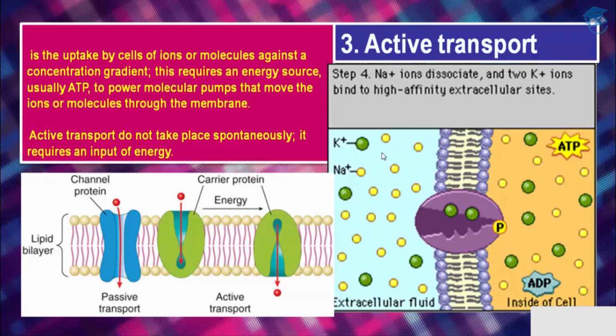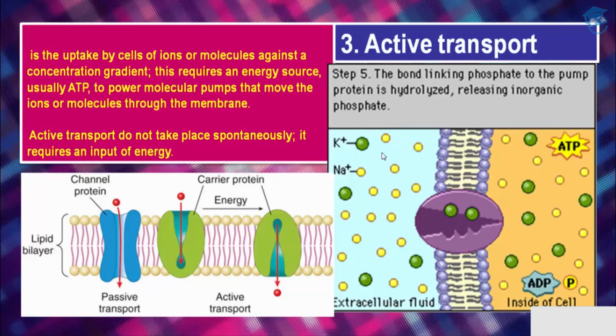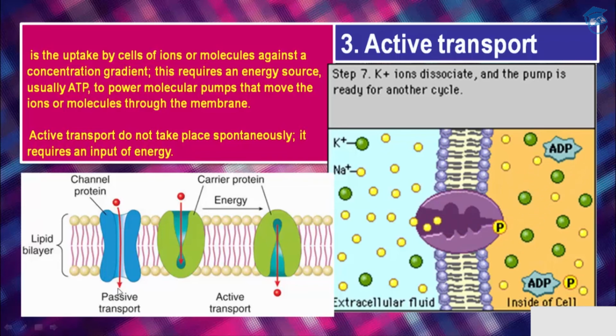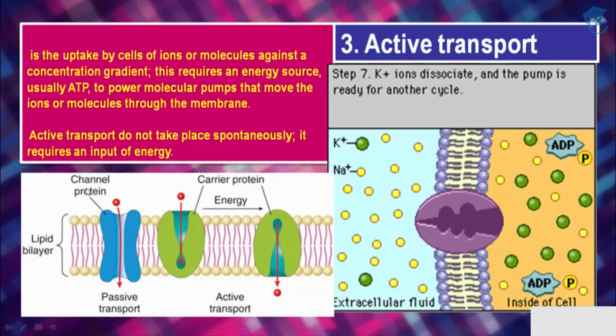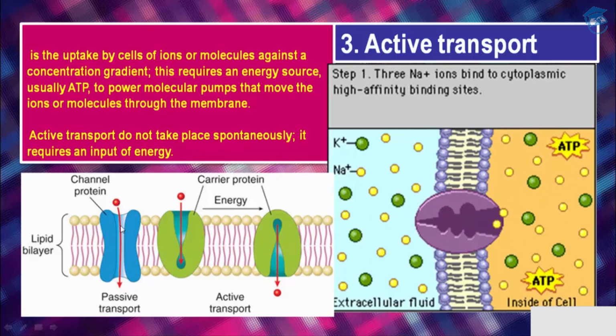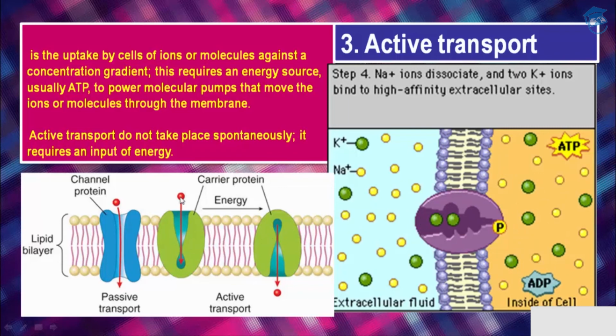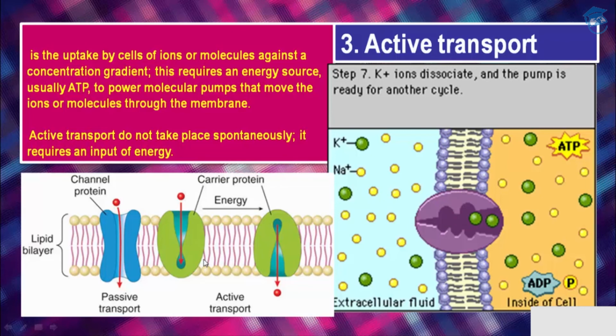It requires an input of energy to perform the function. So this is your lipid bilayer of the plasma membrane, and this is the transport protein, this is your channel protein, and this is the solute which is going from here to the other part, and this is your carrier protein which requires energy input in case of active transport.